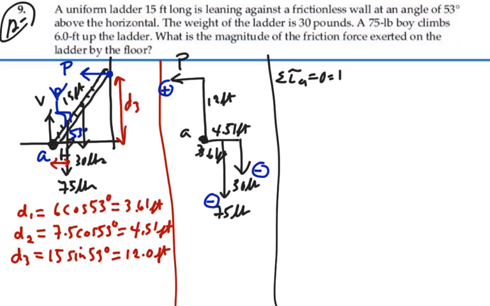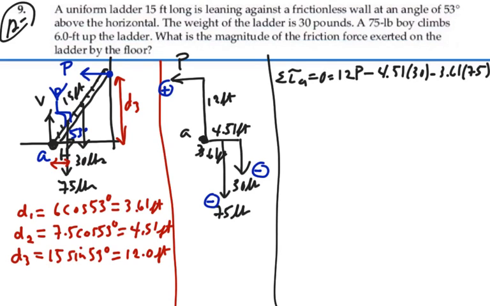That's equal to 12 times P minus 4.51 times 30 pounds minus 3.61 times 75 pounds.